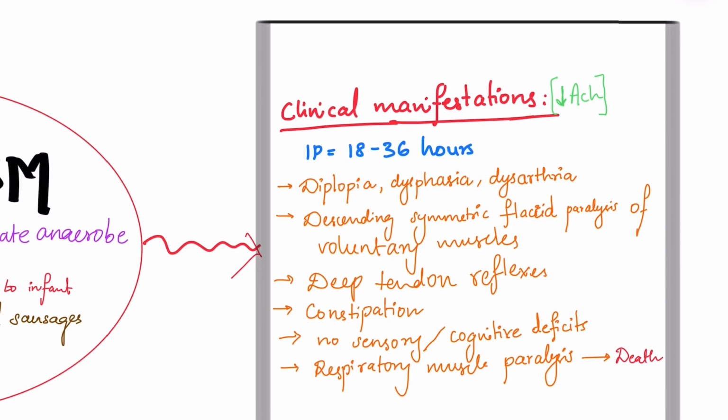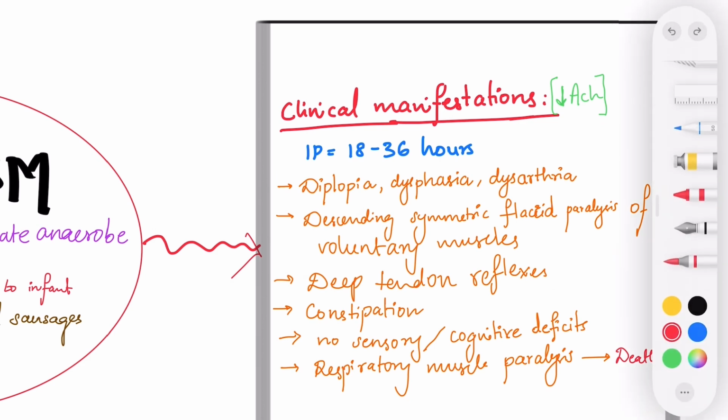The clinical manifestations are especially due to the reduced acetylcholine in cranial nerve and parasympathetic nerve. So, manifestations appear after the incubation period of 18 to 36 hours. Diplopia, dysphagia, dysarthria are the manifestations.